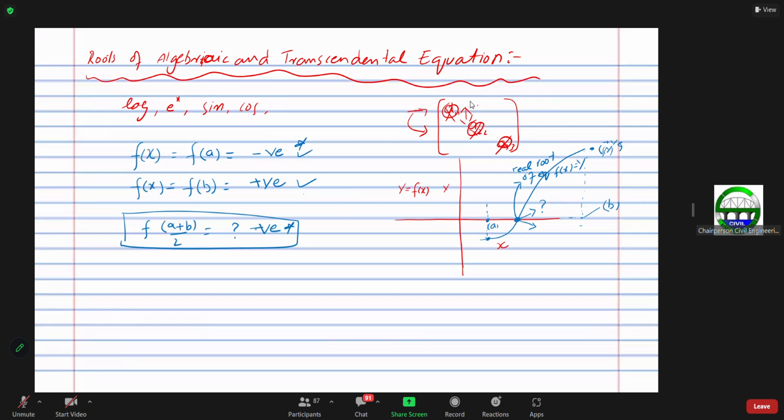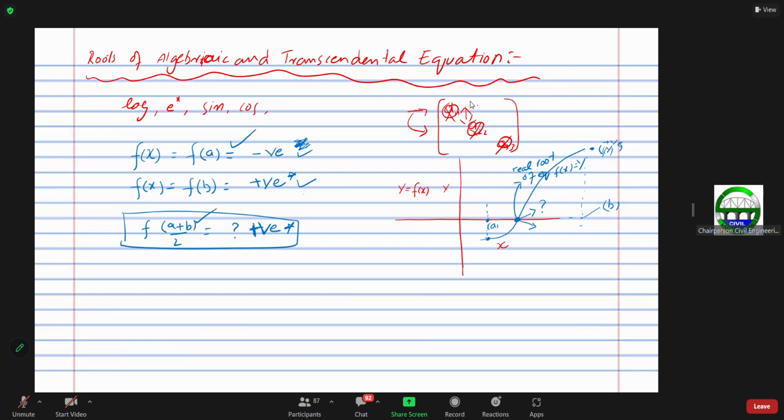If it is a negative value, it means your root lies between this one and this one. But if it is positive, then your root lies between this one and this one.